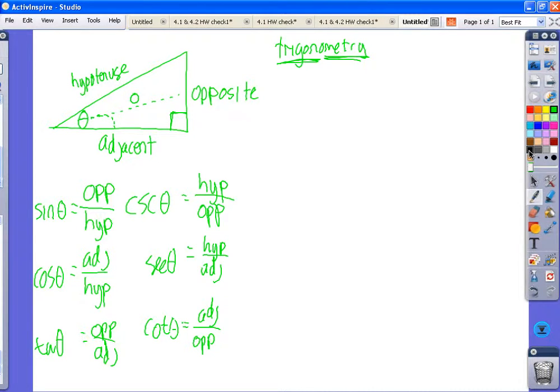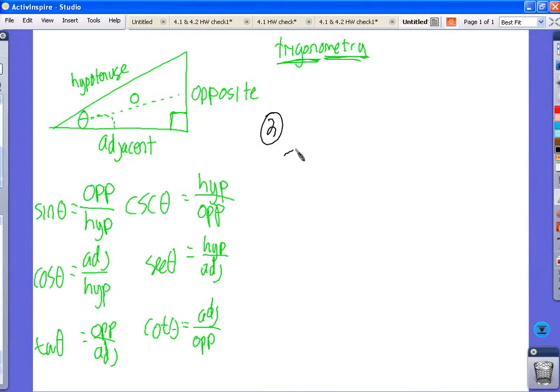If we do number 2 as an example. This is a triangle. This is theta. This is 13 and this is 5. So if this is theta, then what side is this? Opposite, and this is the hypotenuse.